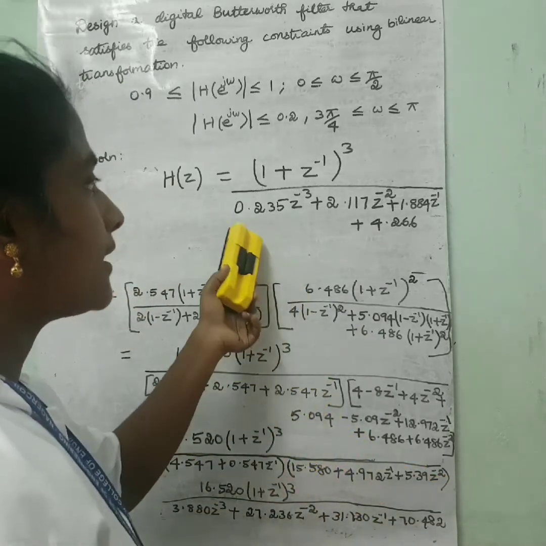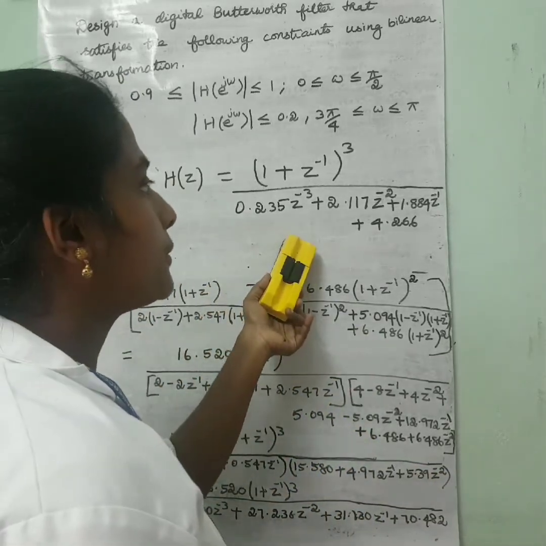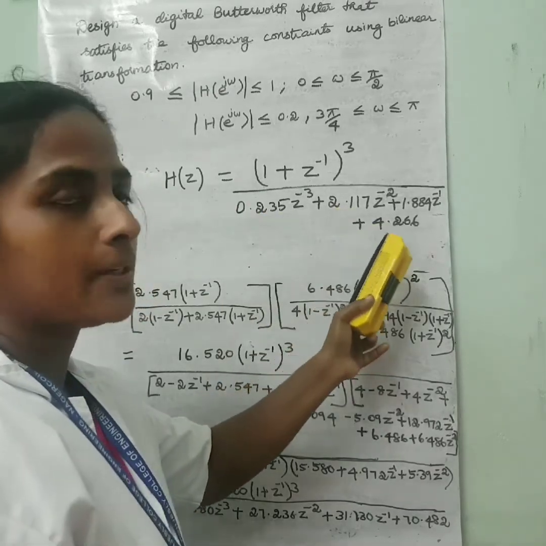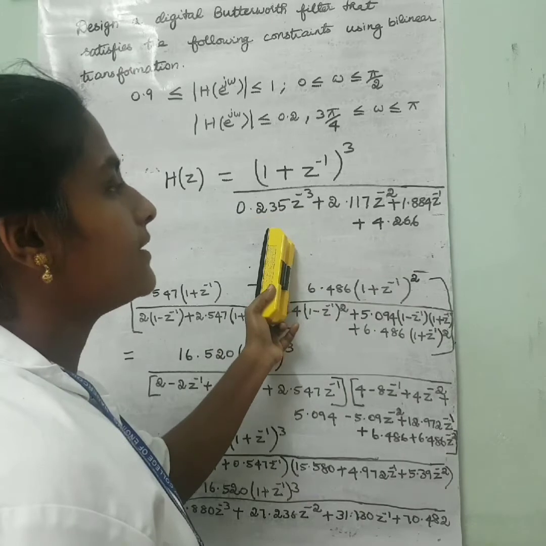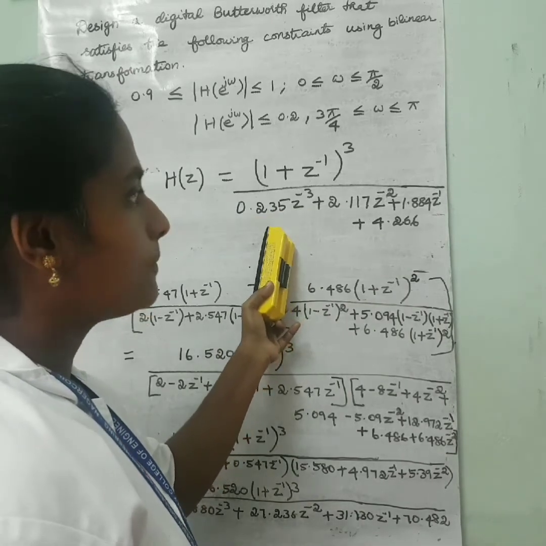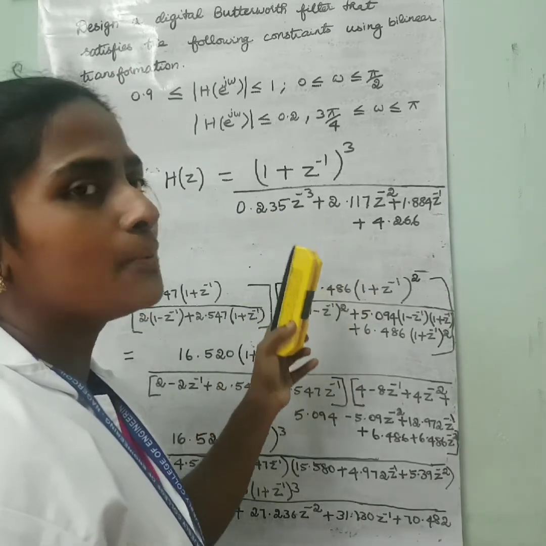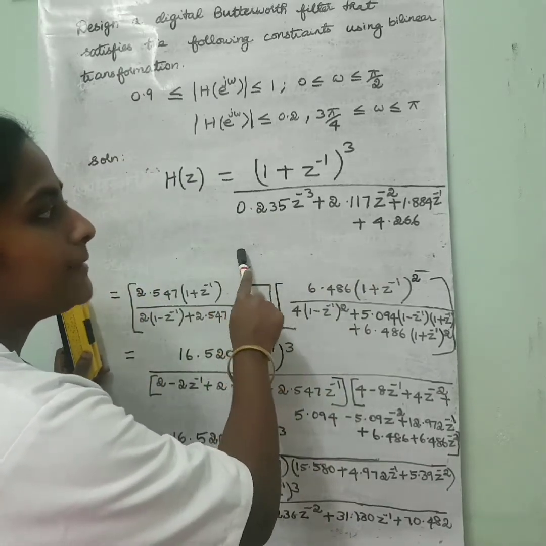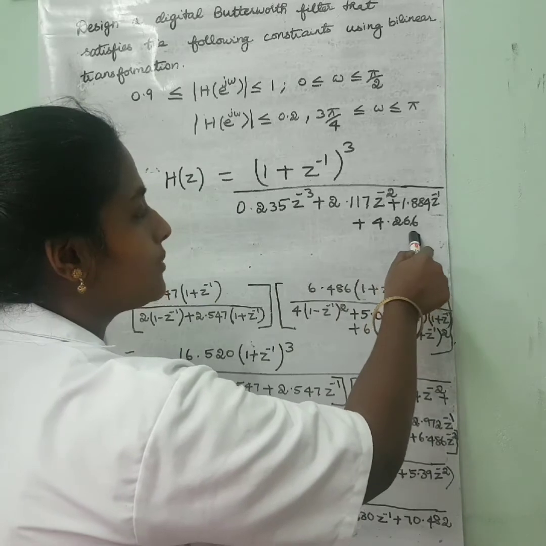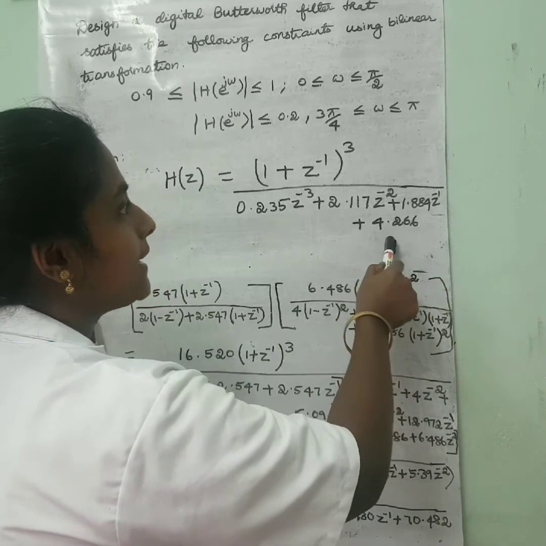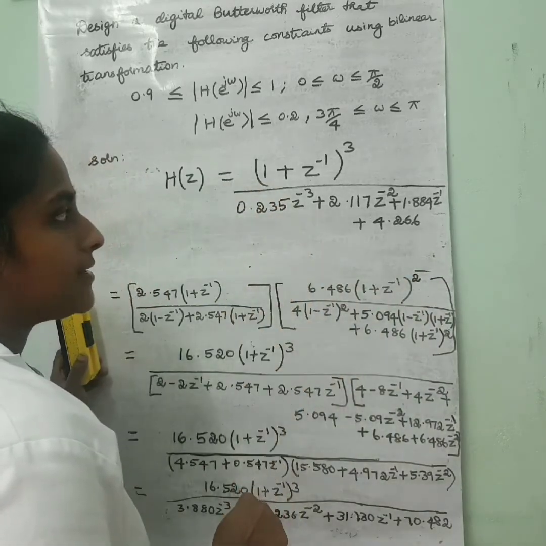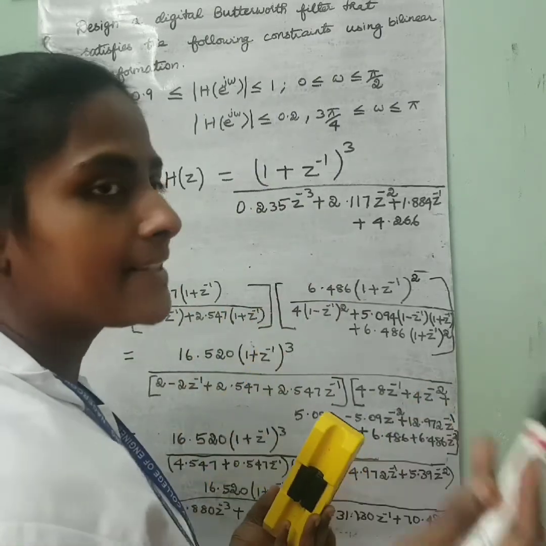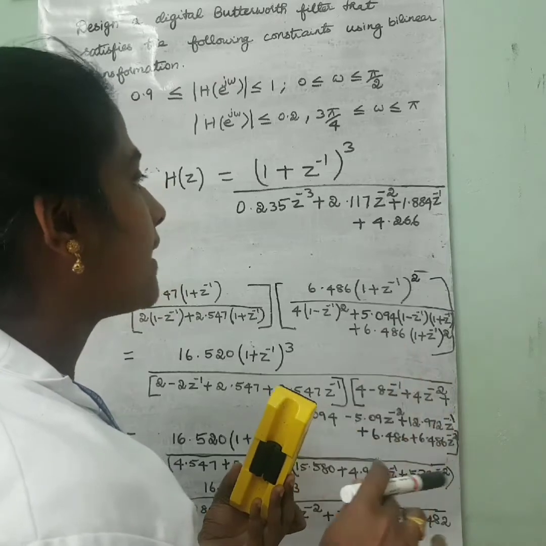You can make the format as, in denominator, 1 plus z inverse plus z power minus 2 plus z power minus 3, that is, the constant term should be 1. To make that format, in the denominator you have to divide by 4.266 and the same thing in the numerator also you can divide.